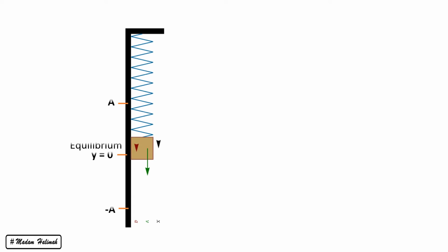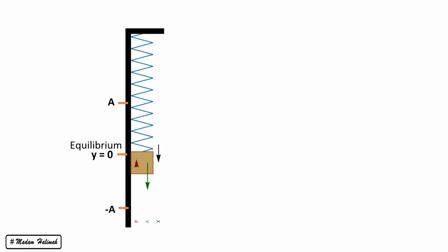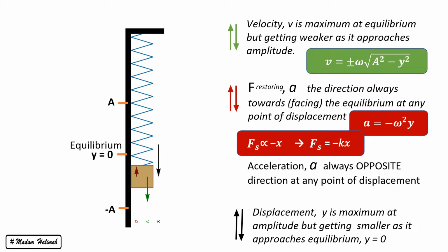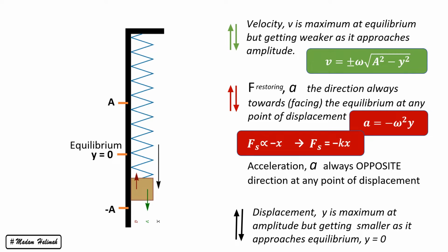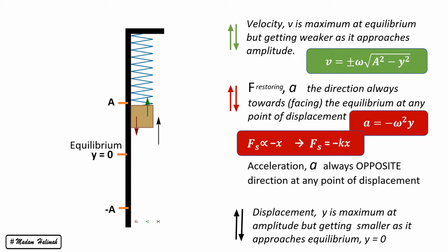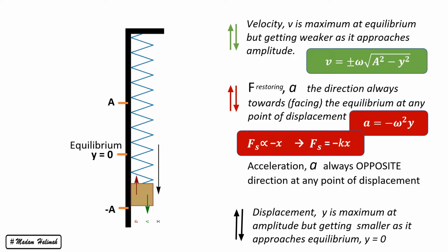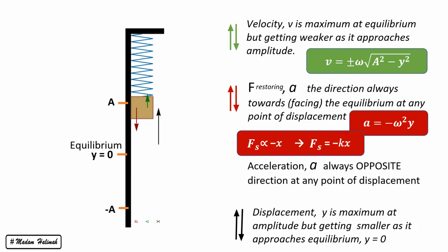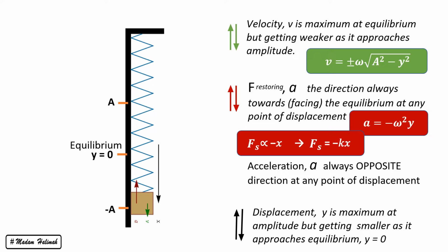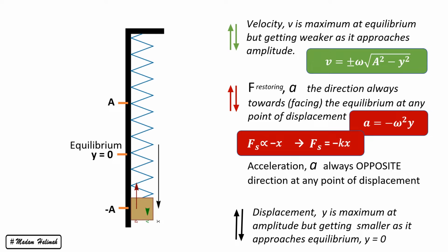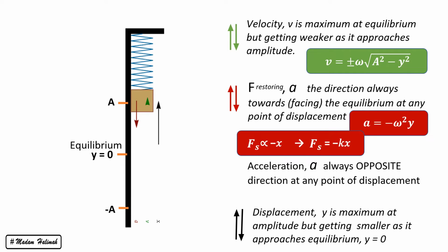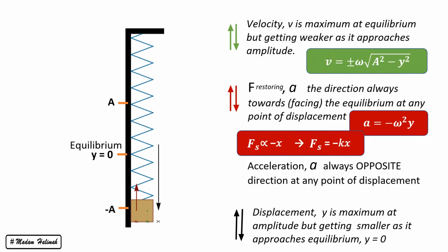Begitu juga dengan spring, di mana spring akan bergerak up and down ke amplitude positif dan negatif. Cuba kita perhatikan halaju V, velocity V is maximum at equilibrium but getting weaker as it approaches amplitude. Ya. Bila dia sampai ke amplitude, V dia adalah kosong dan A sentiasa mengarah kepada titik keseimbangan, facing at the equilibrium.